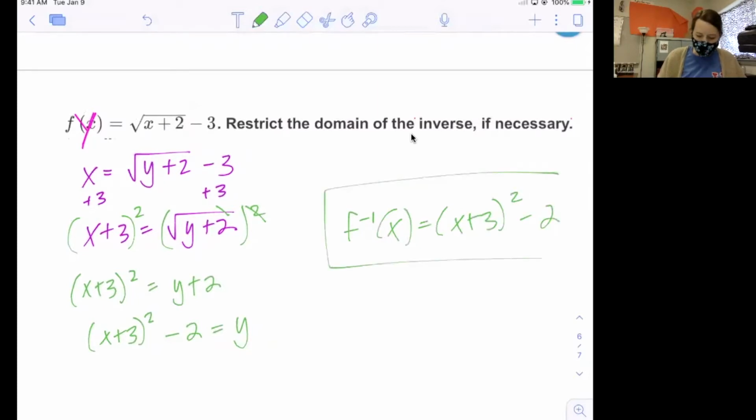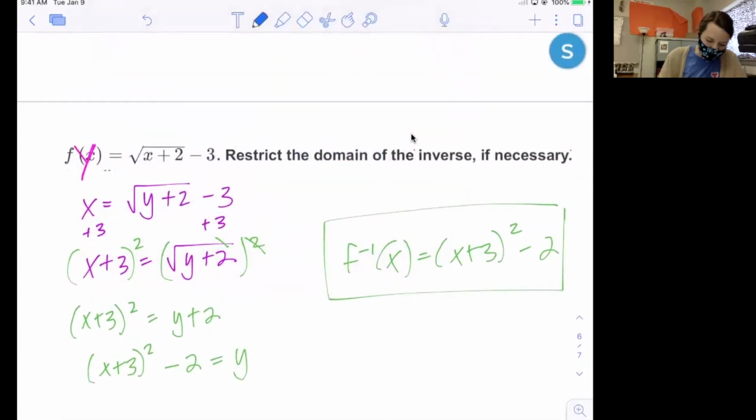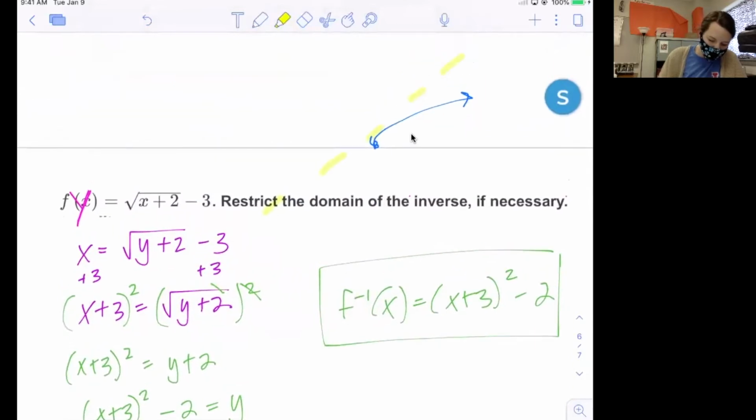Now, I told you we would need to restrict the domain. If you recall, when we were dealing with inverses, we said we always want to restrict the domain of our quadratic, of our parabola. Because if I have a square root function like this, and I reflect it across the line y equals x, your quadratic also has a second side of the parabola.